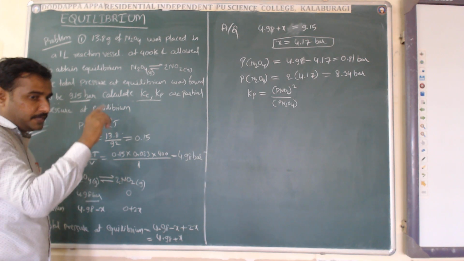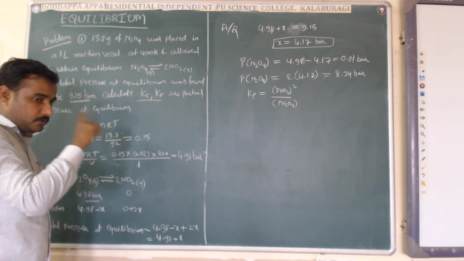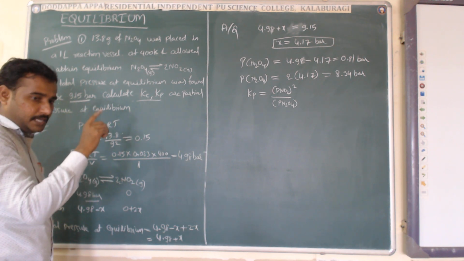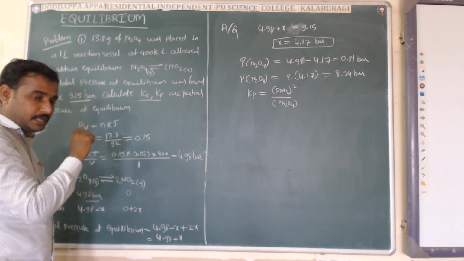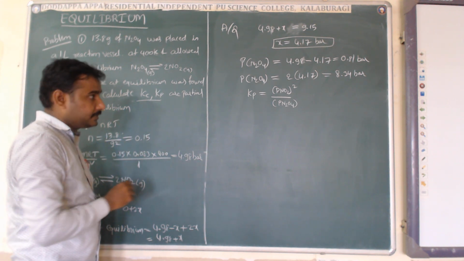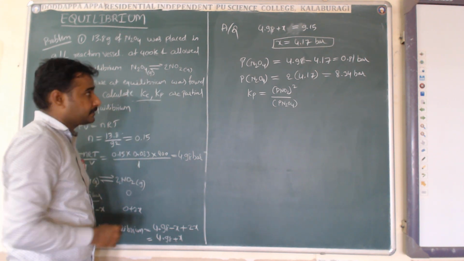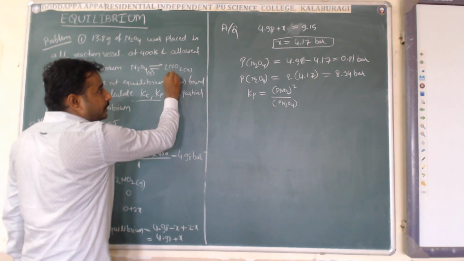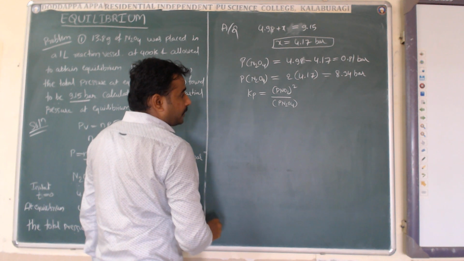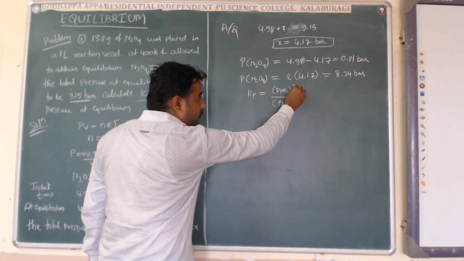I have already written the expression: Kp is equal to Pc raised to C into Pd raised to D divided by Pa raised to A into Pb raised to B. That is, the product divided by reactant. The product is NO2, and the partial pressure of NO2 is raised to the power 2. Why?